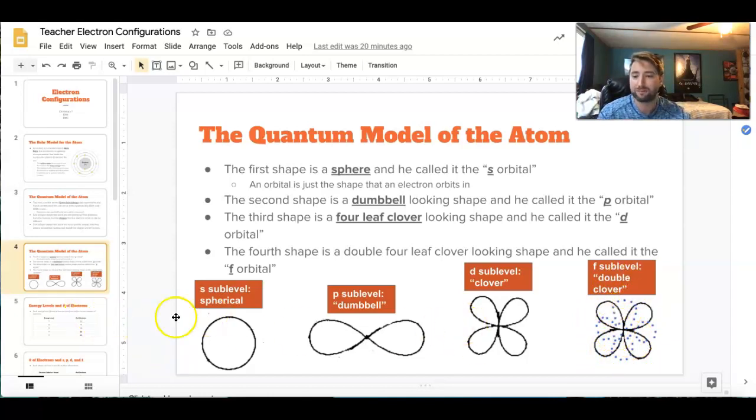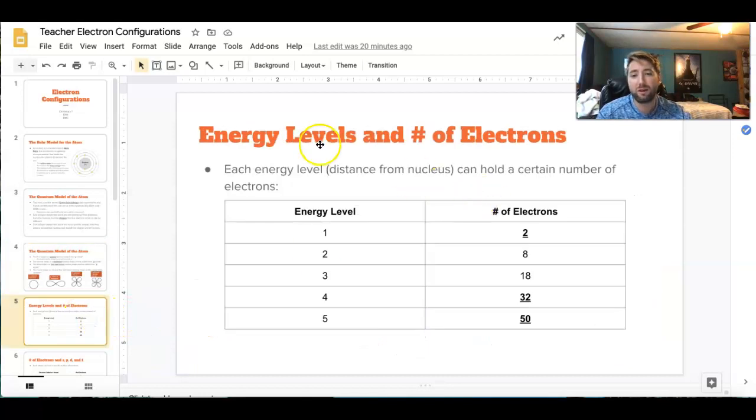So if we're talking about energy levels, and remember, energy level is just the distance from the nucleus, how far away that electron is orbiting, Niels Bohr and Schrodinger said that these different energy levels can hold different numbers of electrons, just because of the amount of space between where the electron is orbiting and the nucleus.